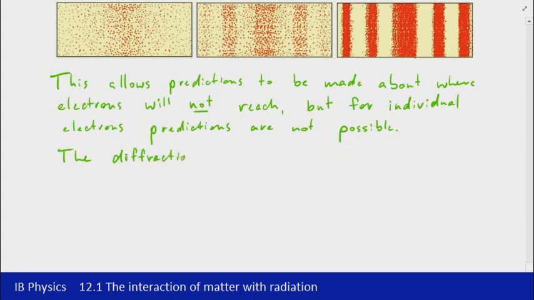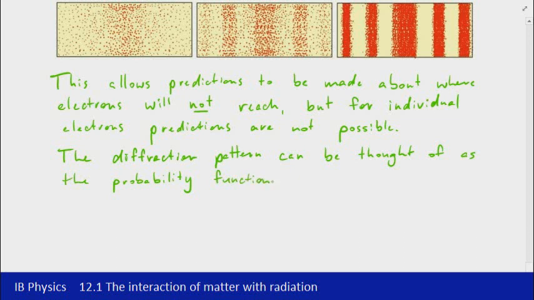So the diffraction pattern itself, while it is an indication of where the electrons have ended up, we can think of it as a probability function: the probability of where electrons are going to fall, or of where electrons will reach.